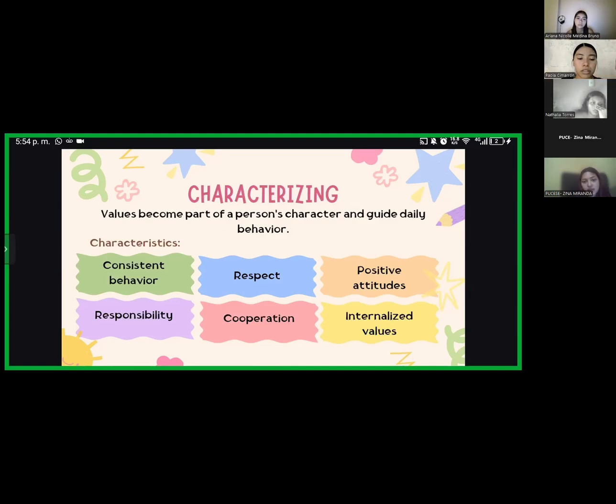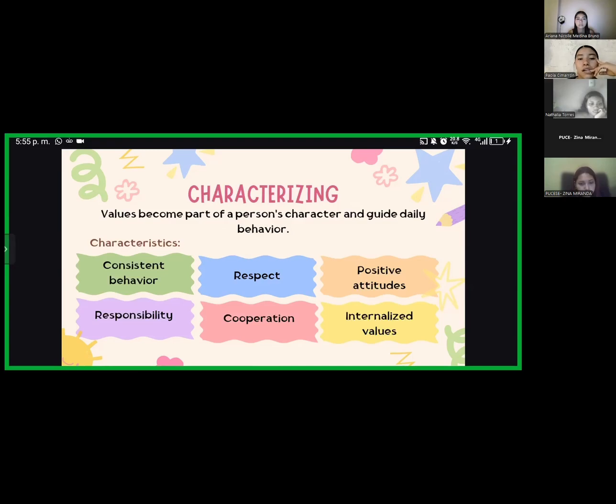However, these values are still developing. In contrast, at the characterizing level, these values have already become part of the student's personality. Their behavior is consistent in different situations, even when the teacher is not observing them.